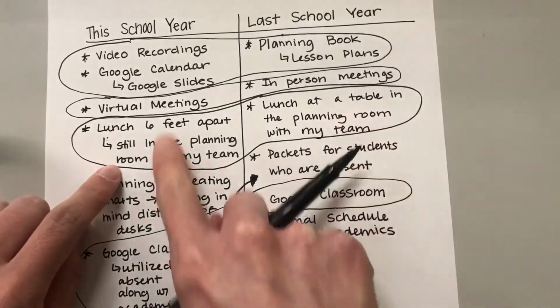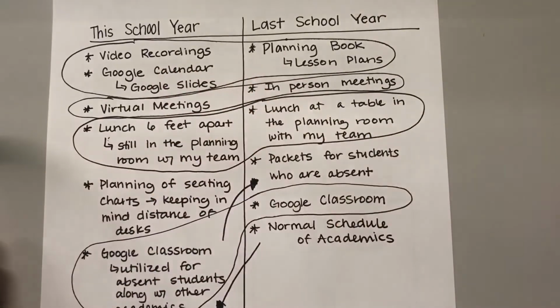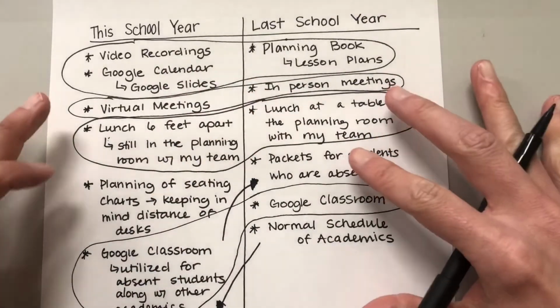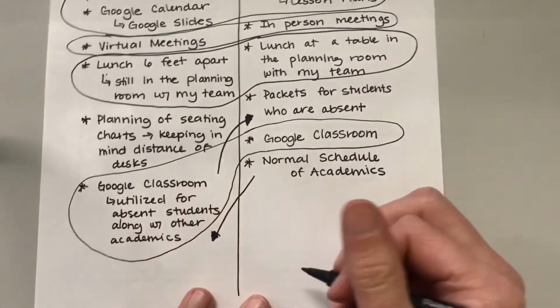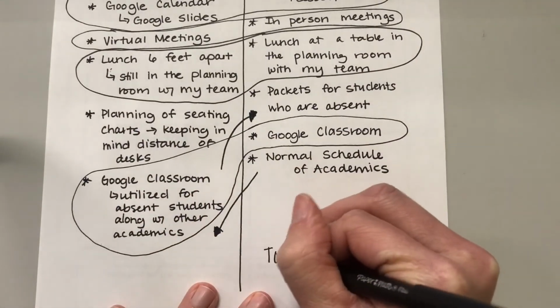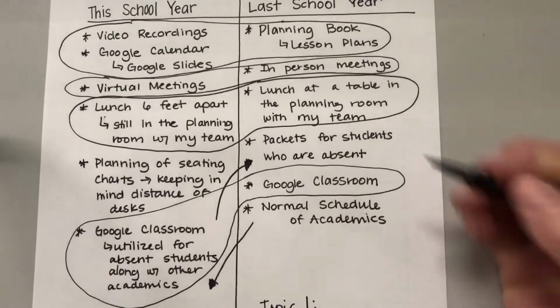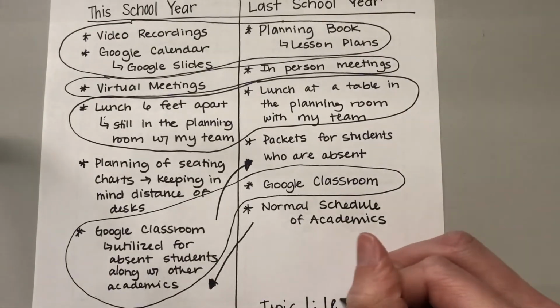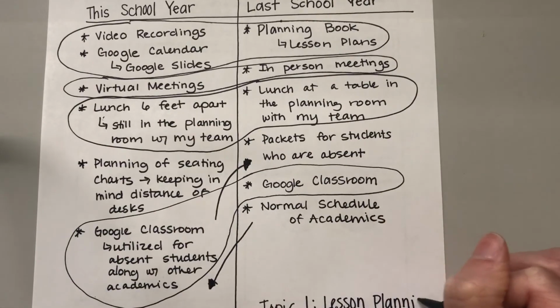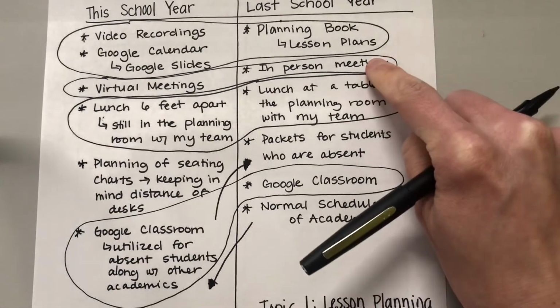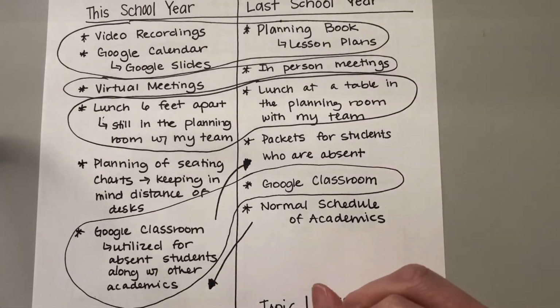So now you can kind of see my topics. Okay, so the purpose of this is to come up with your topics. So you can see my topic 1 very well could be lesson planning and how that has changed. My topic 2 could be meetings.